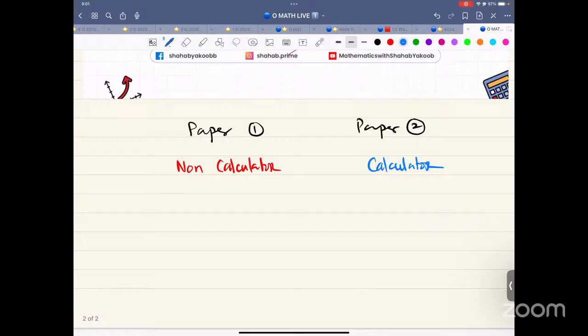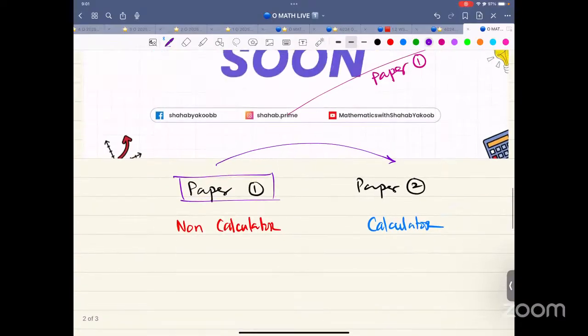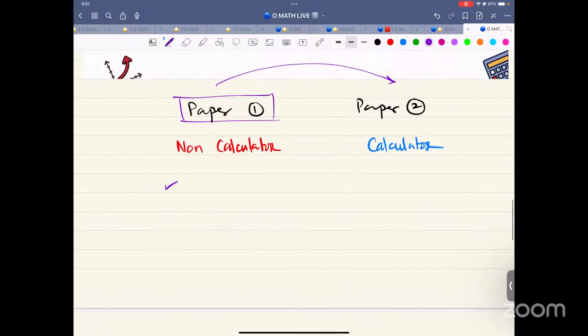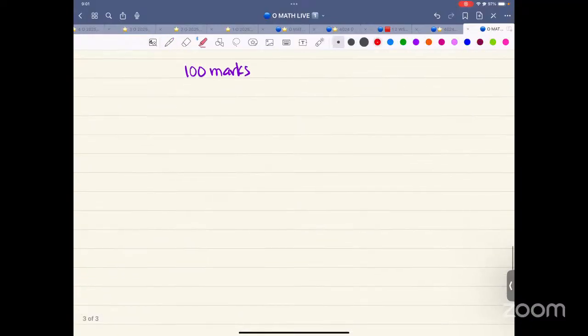Unless you have appeared in paper one, you don't know which topics will be coming in paper two. Therefore, technically, you have to prepare for everything in paper one. We know that it's a 2 hour paper, for 100 marks, and there are three categories of question.